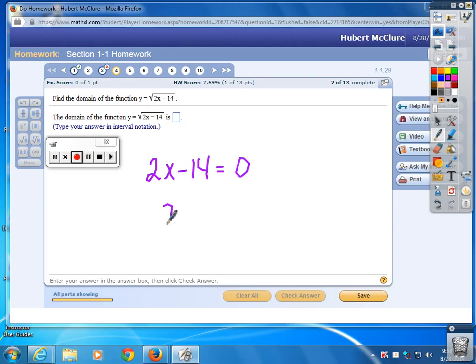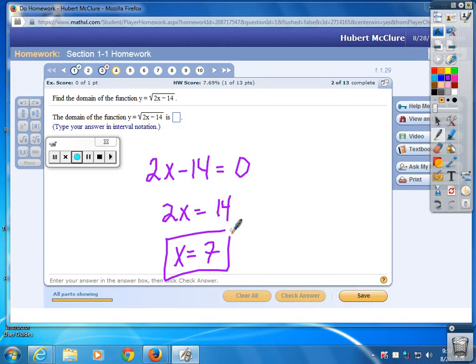All right, so what is the answer to this? Well, 2x is equal to 14. X is equal to what? 7. So what will 7 give you in the radical? 0. Can you take the square root of 0? Yes. So that doesn't help us any. Go one above and one below 7. Let's do 8.